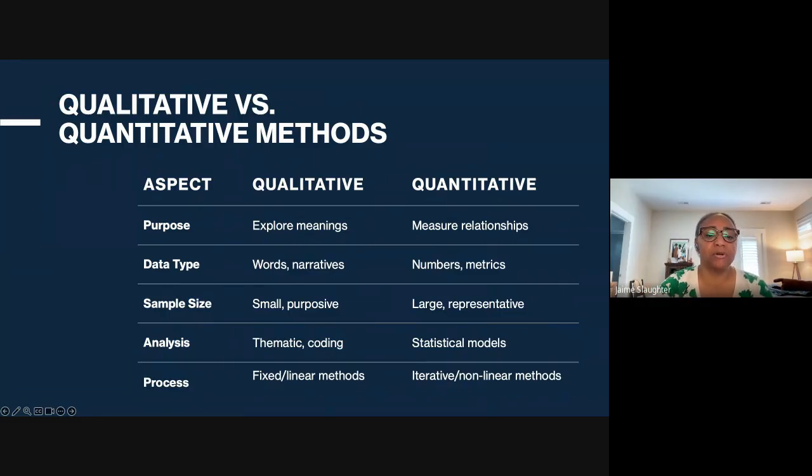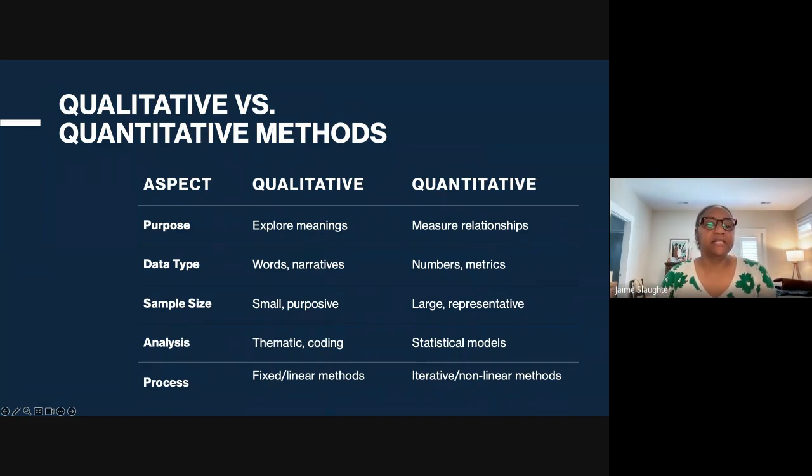The sample size for qualitative work is small and it's purposive, right? Because you are trying to explore meanings or new concepts within a particular segment of your population.